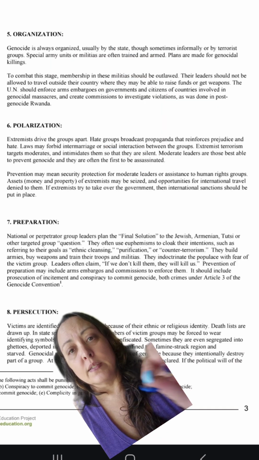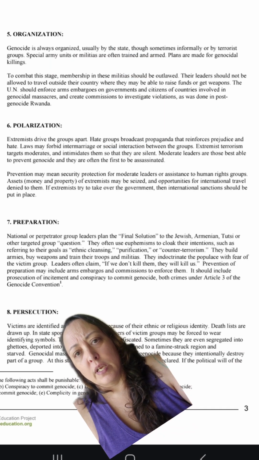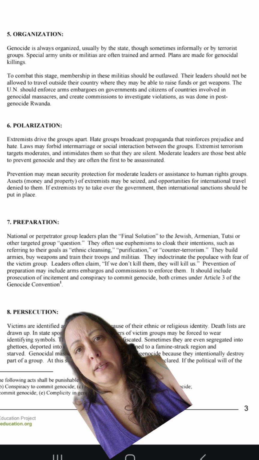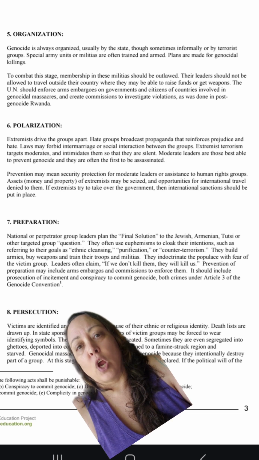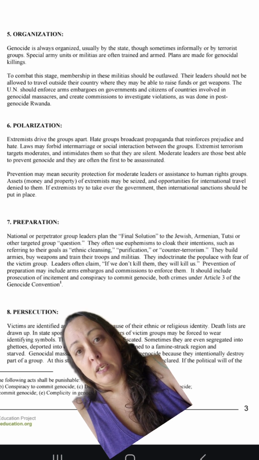So, step 5, organization. Genocide is always organized, usually by the state, though sometimes informally or by terrorist groups. Special army units or militias are often trained and armed. Plans are made for genocidal killings. To combat this stage, membership in these militias should be outlawed.